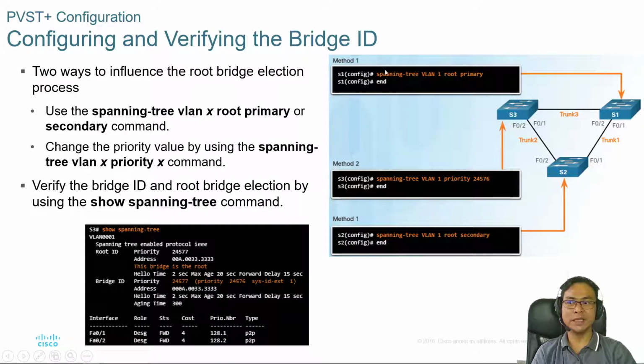So, automatically, alam nyo na, di ba? Primary na siya eh. Or, pwede nyo rin sabihin na priority is set to babaan nyo, di ba? From the default na napakataas, 32 something, gawin yung mas mababa.